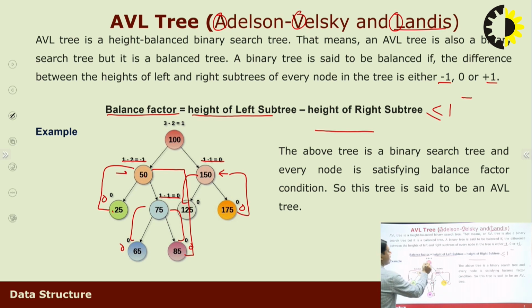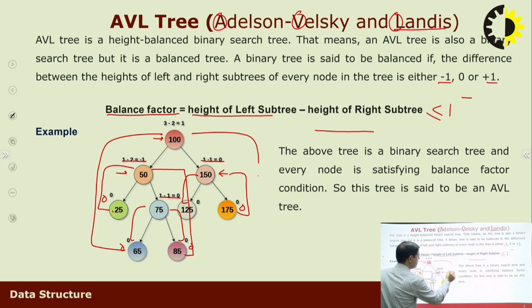If we are calculating this balancing factor at node 100, then from this node, this is the deepest leaf node, that can be 65, 85. The height is 3. And in this, height is 2. That is 3 minus 2 equal to 1.